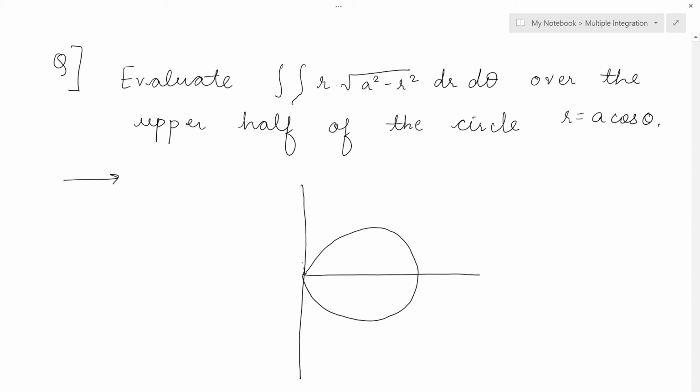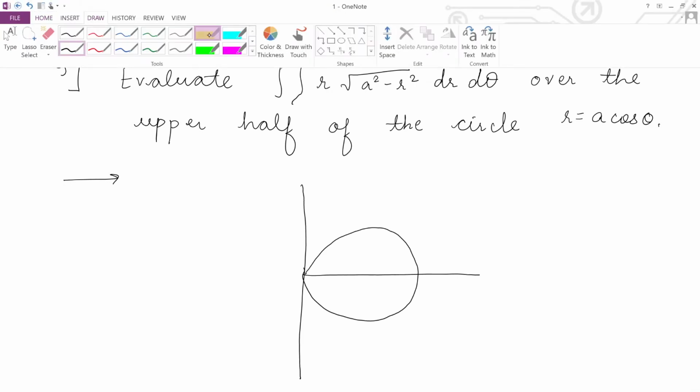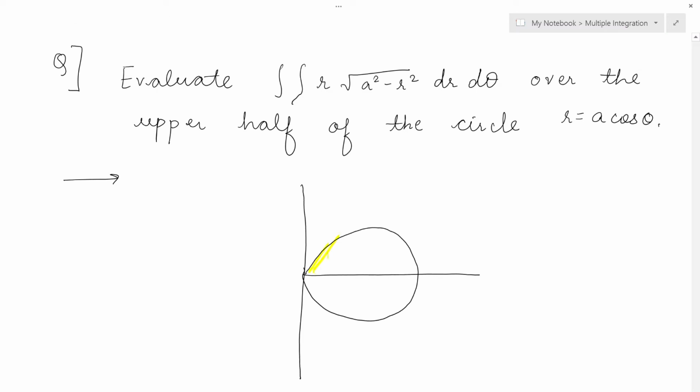Just excuse me for the drawing. Now you have to consider what they have given, the upper part only. So the upper part of the circle r is equal to a cos theta is this.